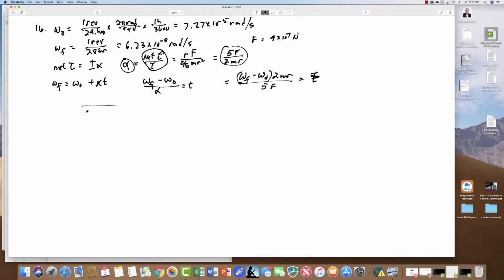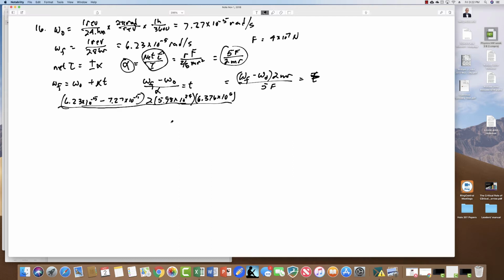So if you put the numbers in, you have 6.23 times 10 to the minus 5 minus 7.27 times 10 to the minus 5, times 2 times the mass of the Earth, which is 5.98 times 10 to the 24, times the radius of the Earth, which is 6.376 times 10 to the 6th meters.